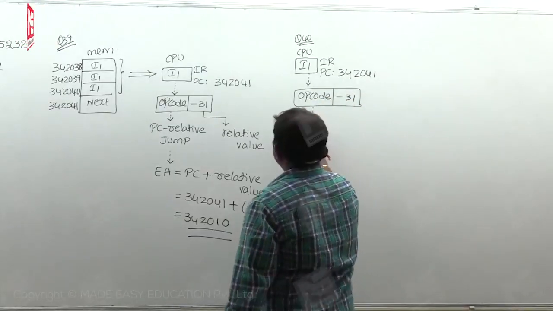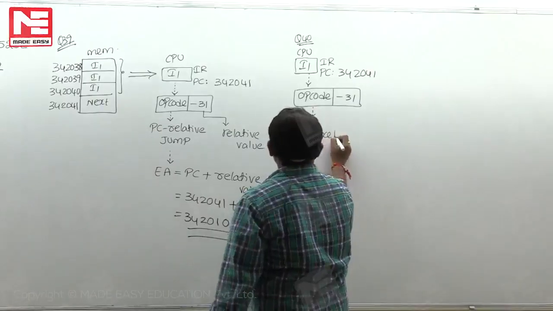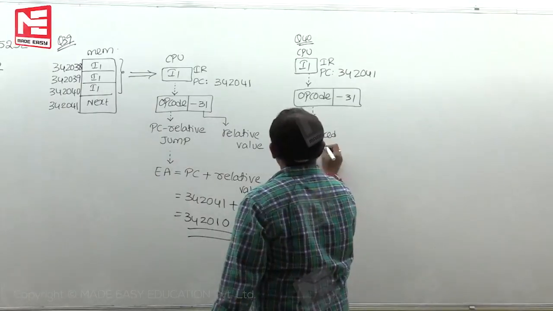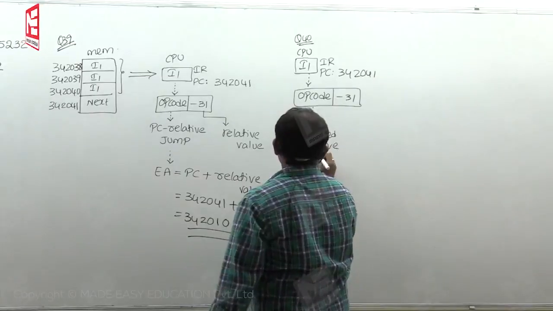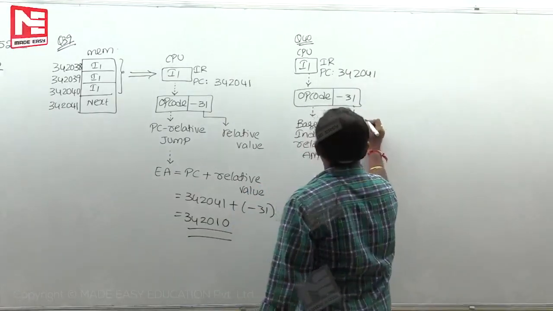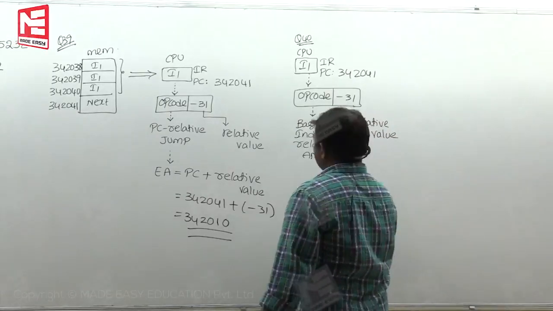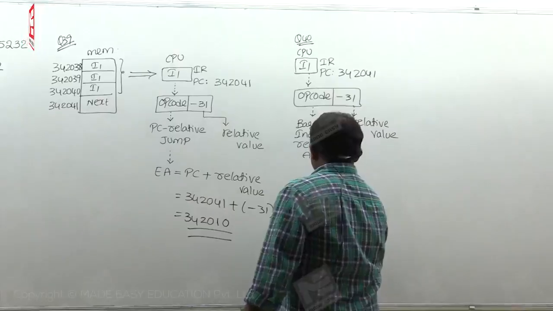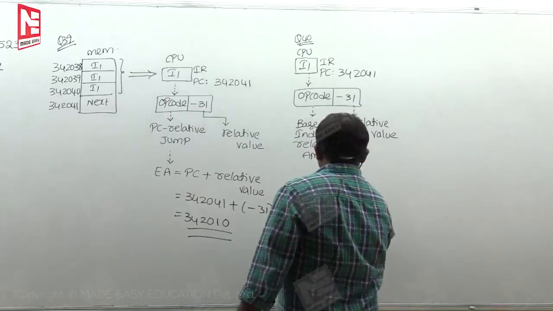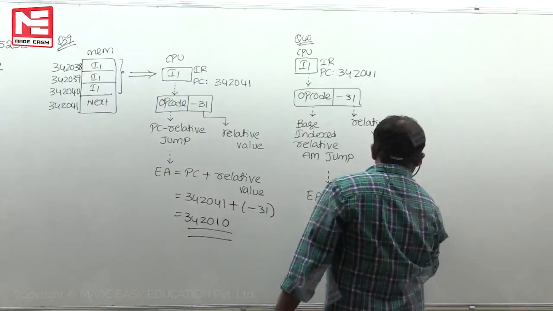This opcode indicates the base indexed relative addressing mode jump. So this will be the relative value. The address field will contain the relative value. Now the effective address equals R subscript B plus R subscript I plus relative value.